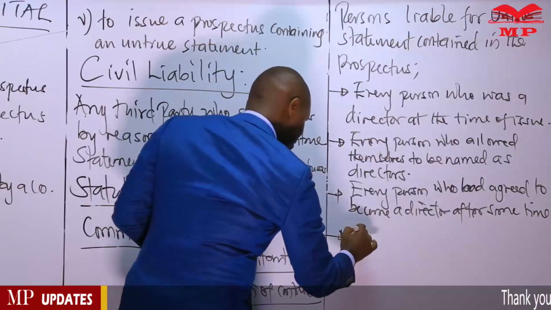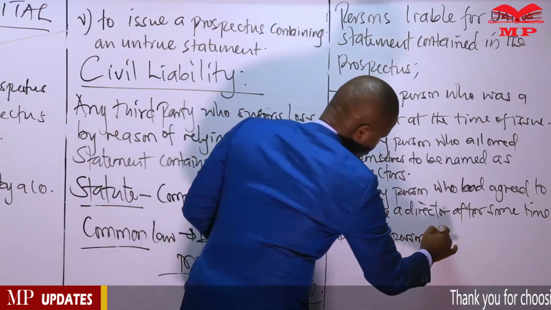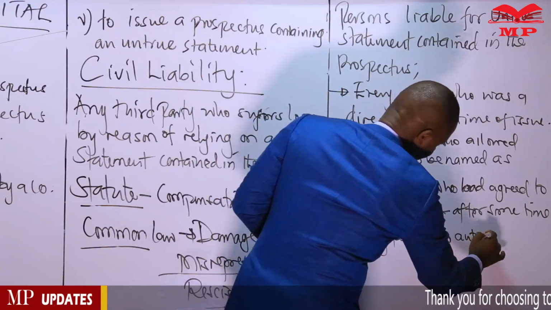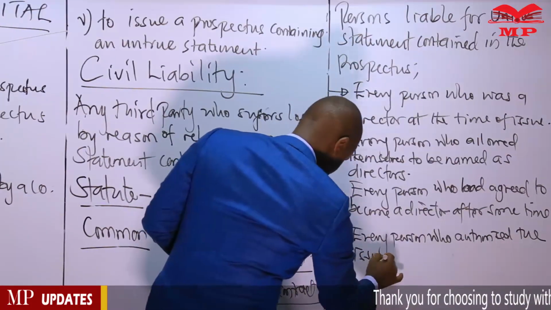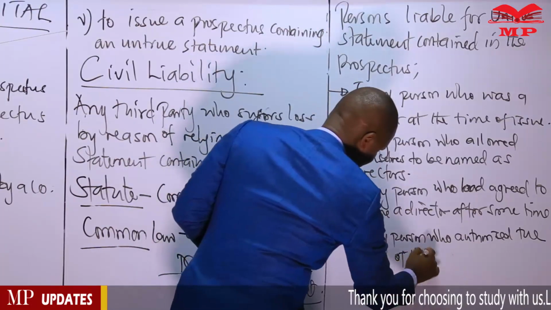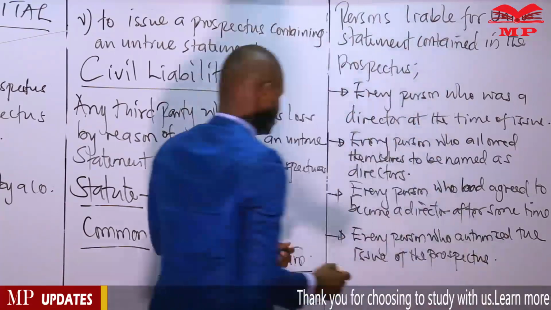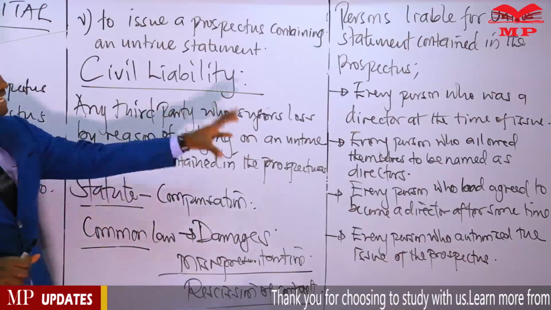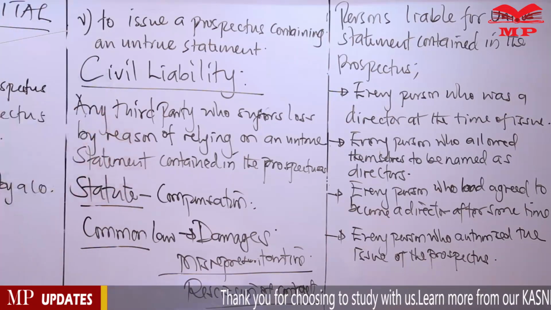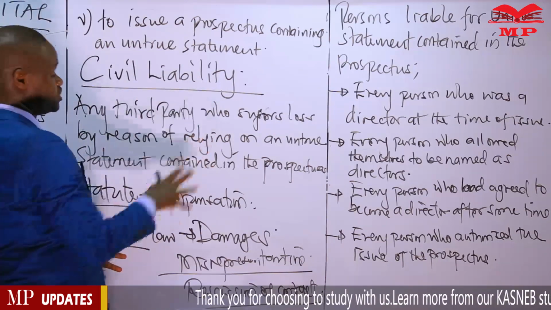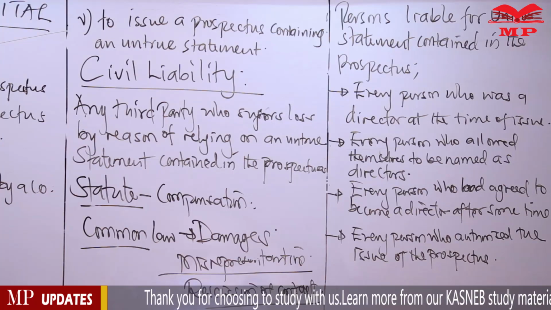We could also be claiming from every person who authorized the issue of the prospectus. So that is the spectrum of all persons on whom this civil liability lies. And these are persons under the statute that we can be claiming compensation from.